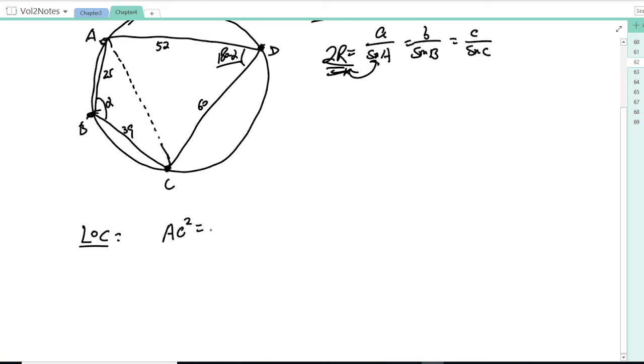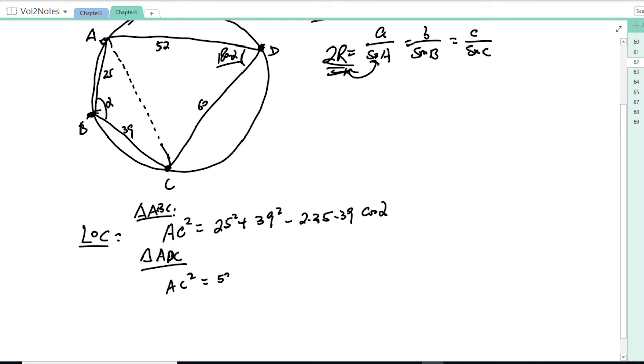From triangle ABC, AC squared equals 25 squared plus 39 squared minus 2 times 25 times 39 times cosine alpha. And from triangle ADC, AC squared equals 52 squared plus 60 squared minus 2 times 52 times 60 times cosine of 180 minus alpha, which gives a plus sign.